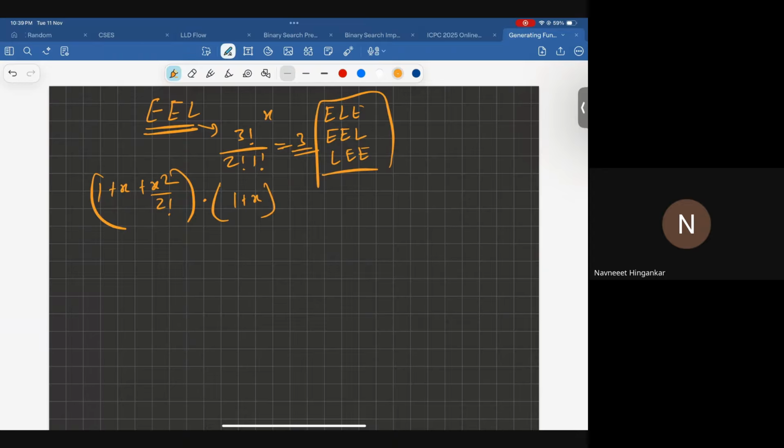Now when we multiply, we need to multiply with 3 factorial, right? So we need the x cube coefficient. The x cube coefficient can be derived from x into x square, and there is no 3 on this side, so this one is useless. So all we need is basically 3 factorial upon 2 factorial, which is 3 again.